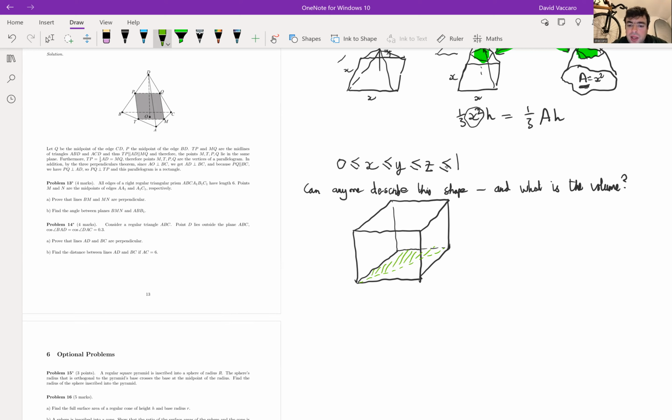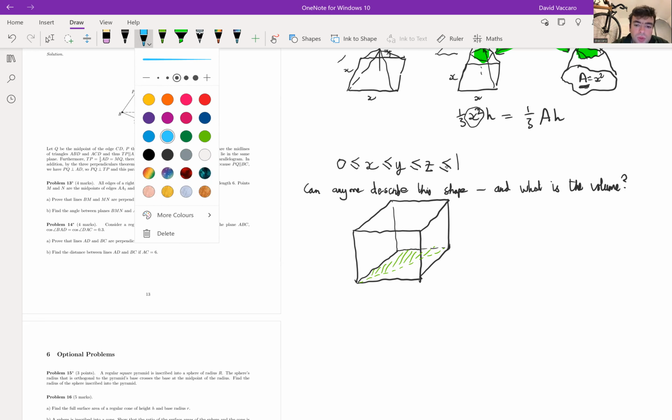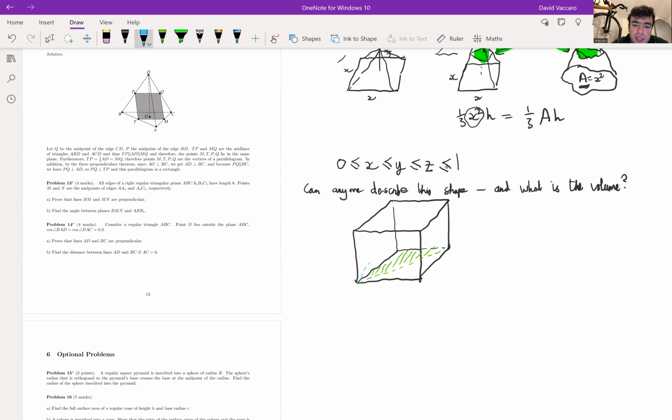We can then do a similar thing. The line where y equals z is where the height is equal to the depth into the board. So those are lines like that, and we're above that line.